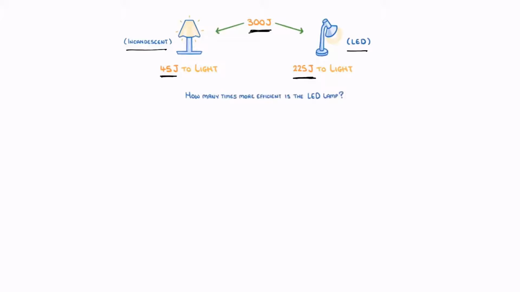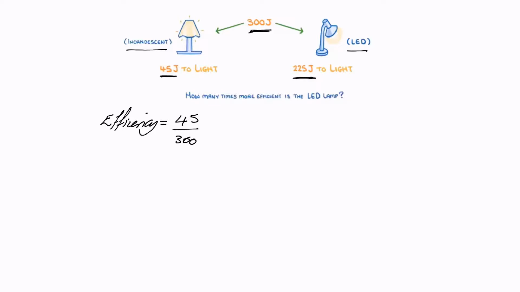So what we need to do is we need to calculate the efficiency for both lamps. So the efficiency for this lamp is going to be the total amount of energy that you got out as light, which is 45, and the total amount of energy you put in was 300.